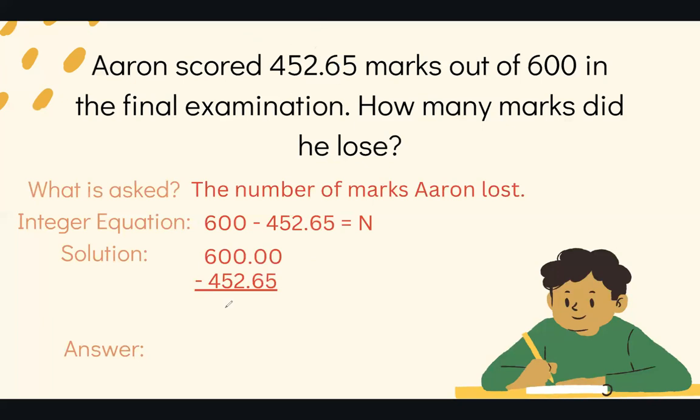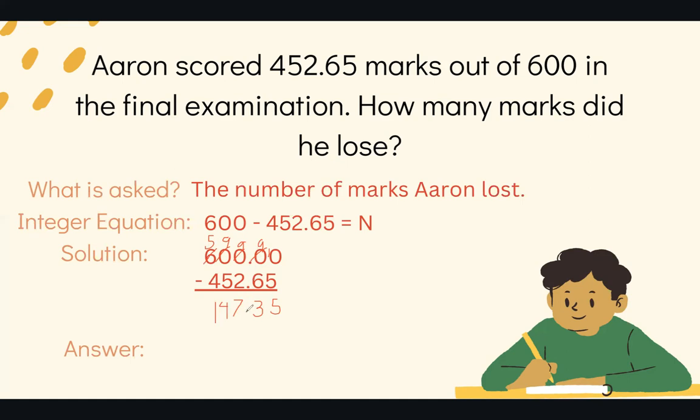And simply subtract the numbers. 0 minus 5 cannot be, so we need to borrow from the nearest non-zero number, which is 6. 6 will now become 5. These zeros will become 9 because we borrowed 1 from them. And this 0 is now 10. 10 minus 5 is 5. 9 minus 6 is 3. 9 minus 2 is 7. 9 minus 5 is 4. 5 minus 4 is 1.